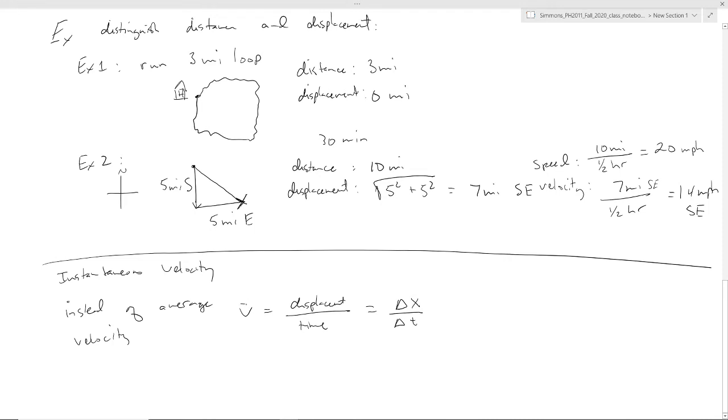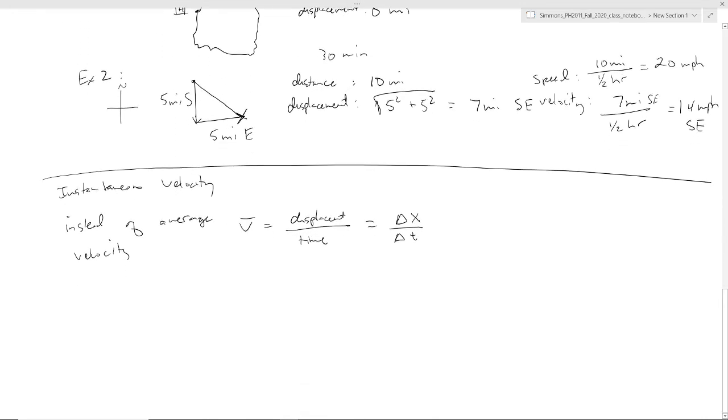And we'll use a bar to indicate average. So the little bar over the symbol means it's just an average quantity. Well, the instantaneous version of this, so what does this look like? A change in x over a change in time.